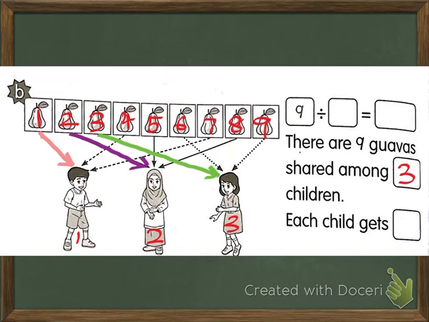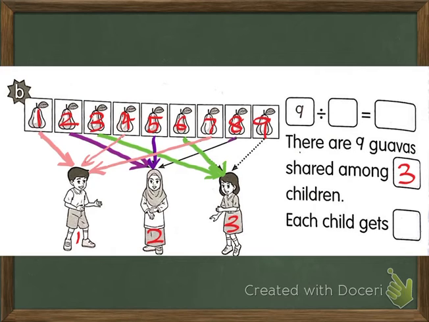Now there are still some left, we have to share them again. The fourth one goes here. The fifth one goes here. The sixth goes here. The seventh one goes here. Okay, look at the arrow.